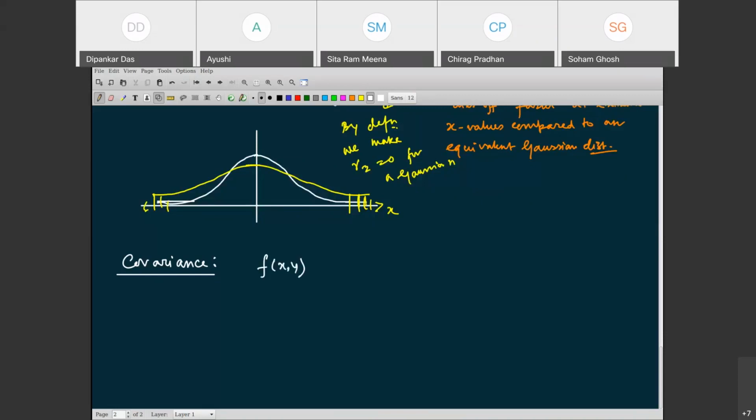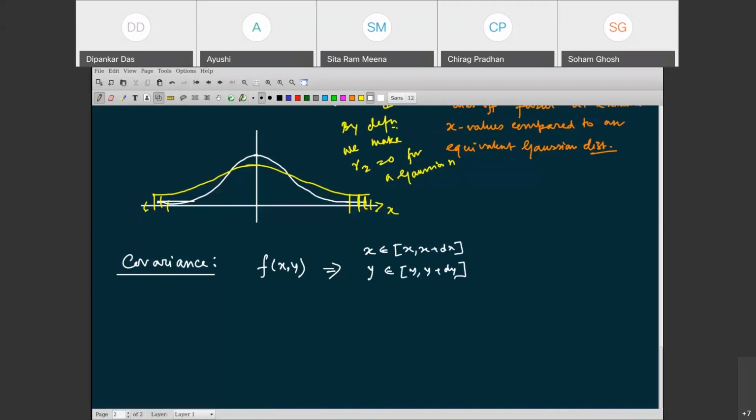What I mean by that is that if you have two random variables x and y, the probability for x belonging to x to x plus dx and y to y to y plus dy.